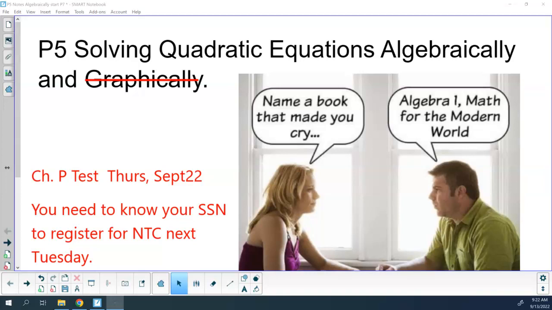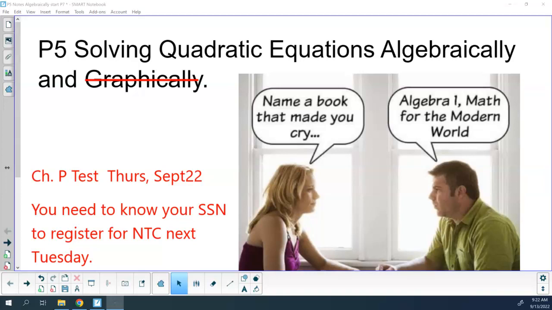If you have taken a dual credit class, you need to remember your login and your password for NTC and dual credit class, which for some people I think is saved on your Chromebook, possibly. You also need your Chromebook next Tuesday. Okay? So those two things.